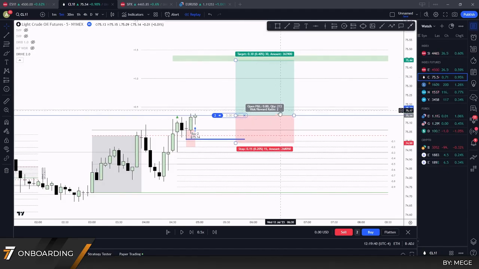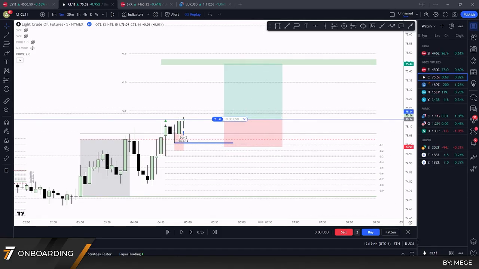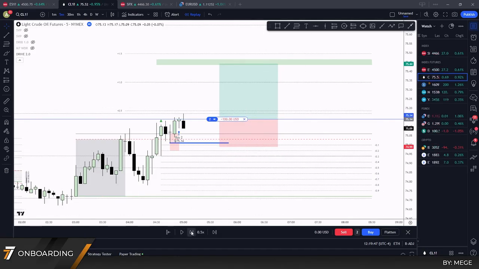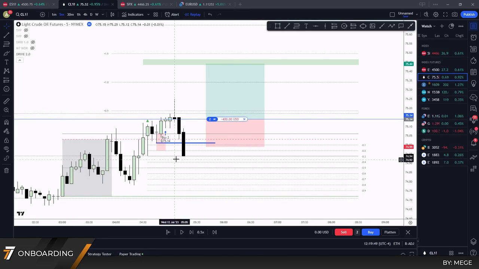Obviously, the risk reward is not good enough, 2 to 1. Then you get stopped out. Trade is over. I think Ali, you mean for the backtesting, but that's how you perform it, right?